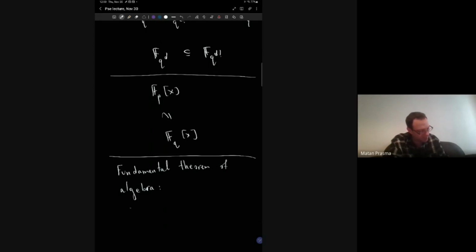And this says that every polynomial over the complex numbers splits into linear factors.